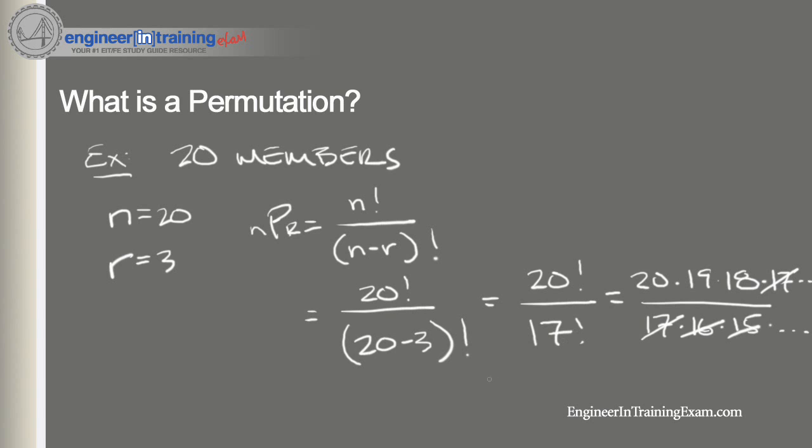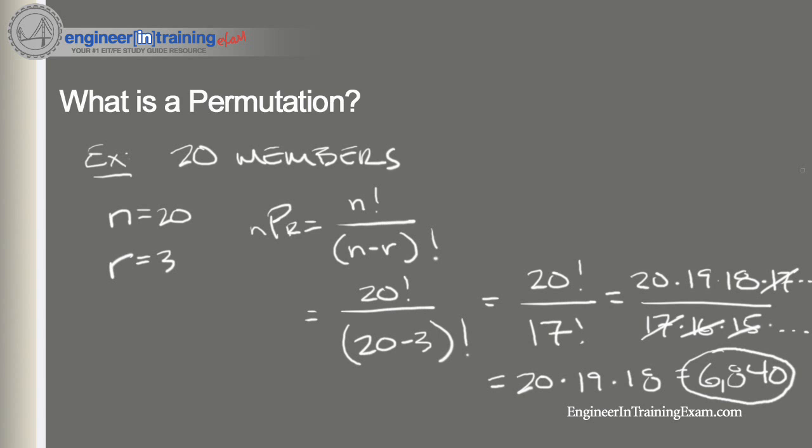So our answer here will really be 20 times 19 times 18. And in this case, that equals 6,840. So this tells us that there are 6,840 different ways to select 3 members of the 20-member group for the 3 positions.